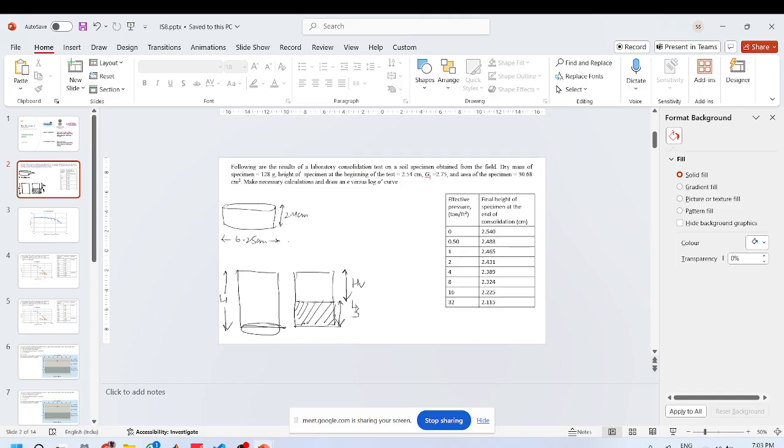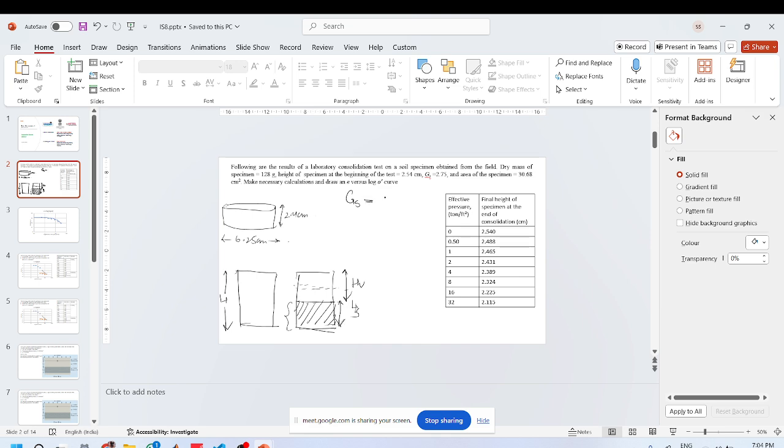Why we do this is because we assume that the solids are incompressible. So any settlement that will take place will take place only by change in the height of voids. So first we determine the height of solids.